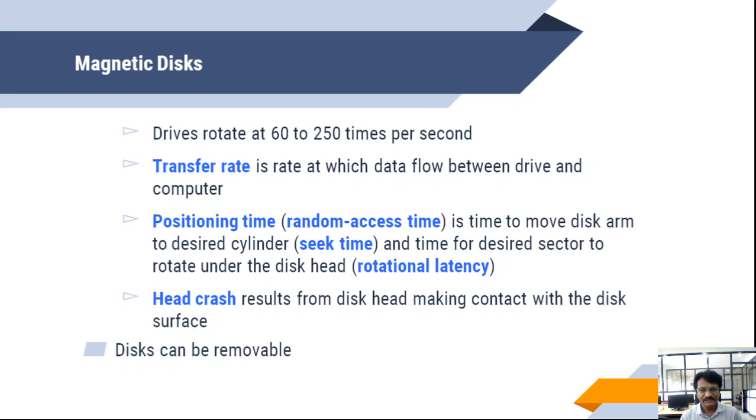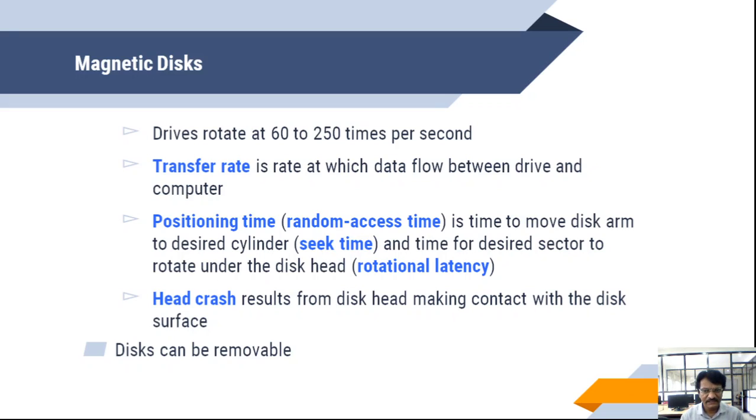And one thing we need to understand: a disk can be removable, allowing different disks to be mounted as needed. We know that nowadays we have external disks, but even the inbuilt disks can also be removed and a new disk can be added, that is not a big issue. So it is removable.